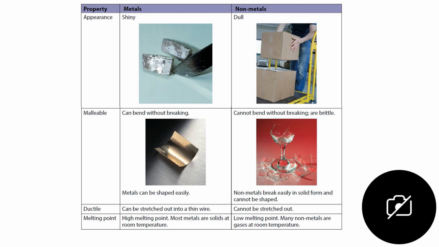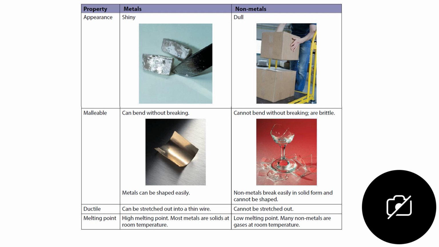Metals are malleable, that means they can bend without breaking, and metals can take different shapes easily. Non-metals, like for example glass, in its solid form, can break easily and it's brittle. If a glass breaks, you're going to get cut.